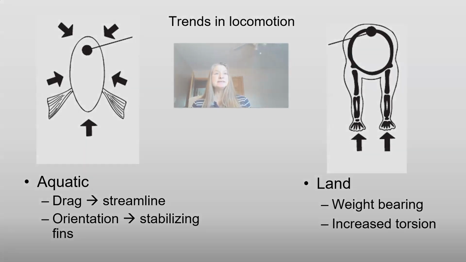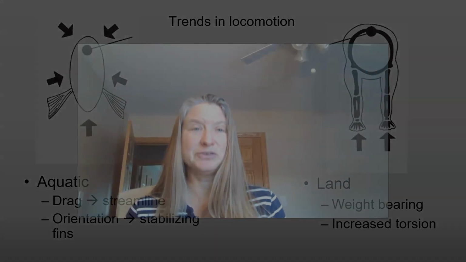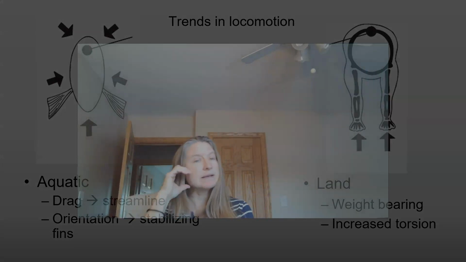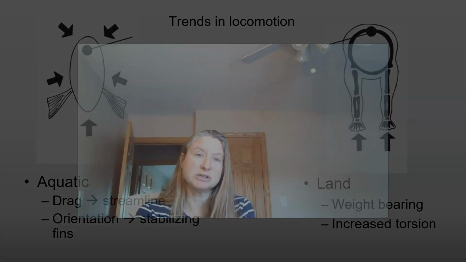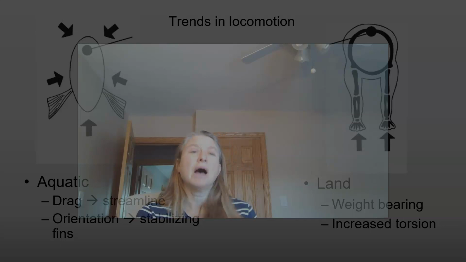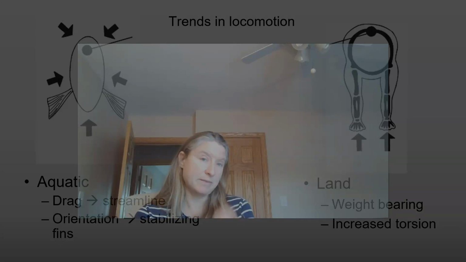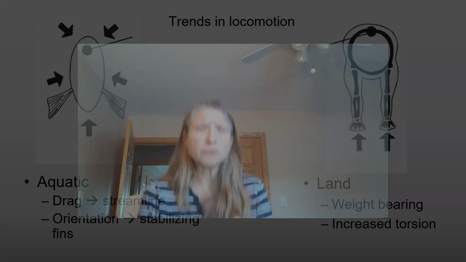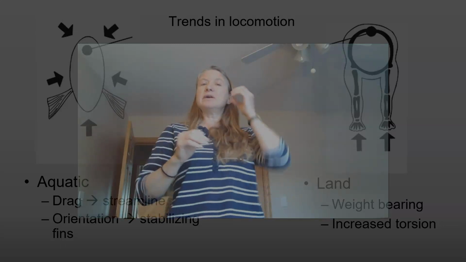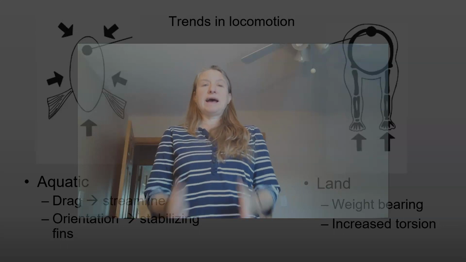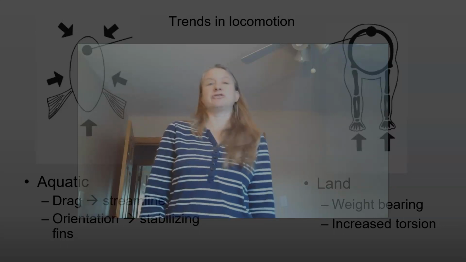All right, I'm going to make this a little bit bigger so that you can see. So multiple times in this lecture, I'm going to want you to actually move. And then when you're looking at the bones, again, look at how these bones will move. So we're going to talk about, in the water, we had fish swimming in lateral flexion, right?